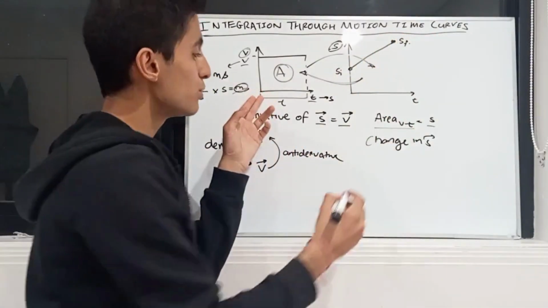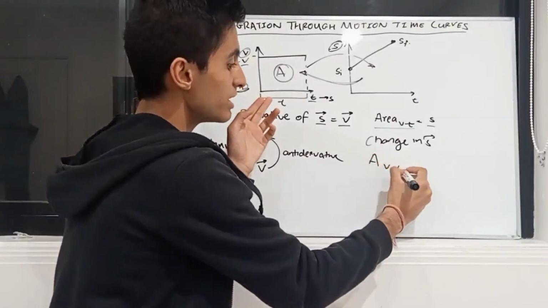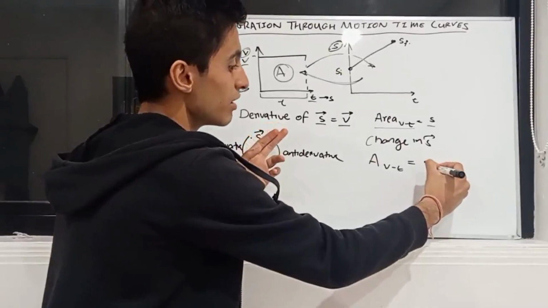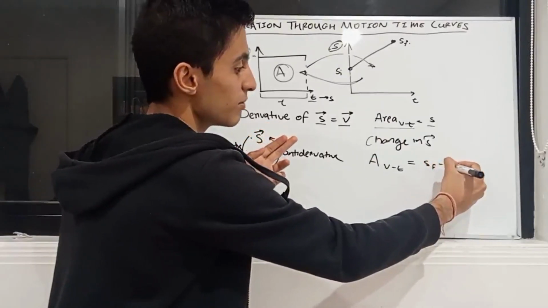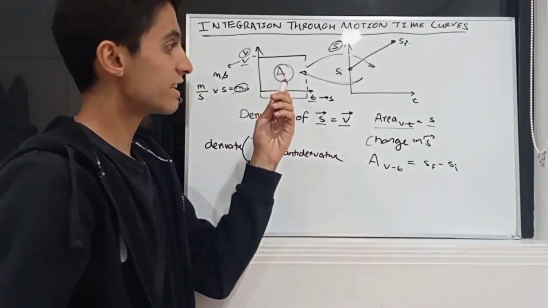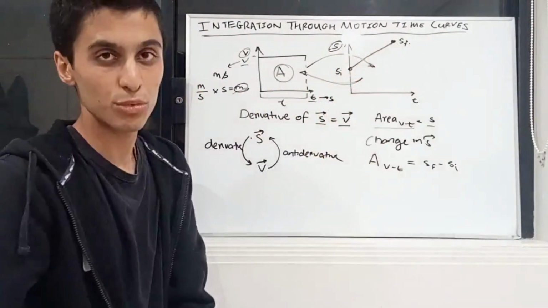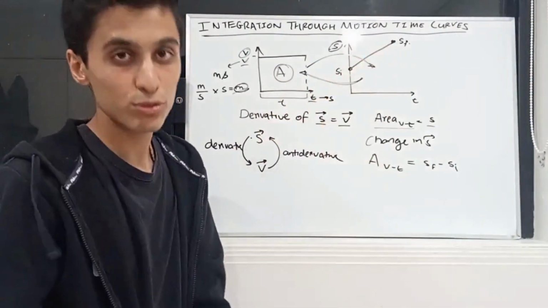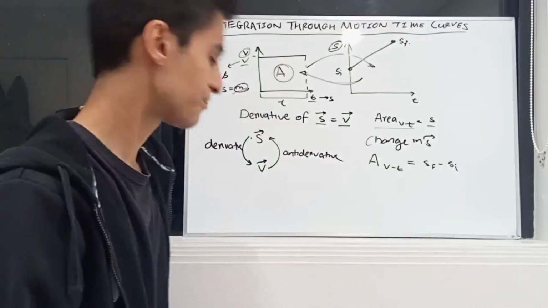So I can do area underneath vt, which is the same as my final displacement minus my initial displacement. So the area underneath this curve is the same as subtracting these two points, because both give me the change in displacement.